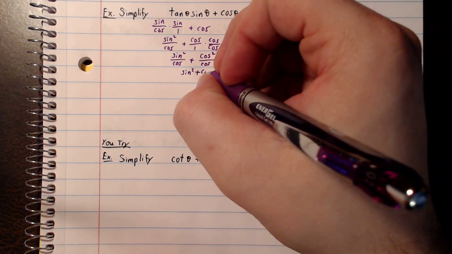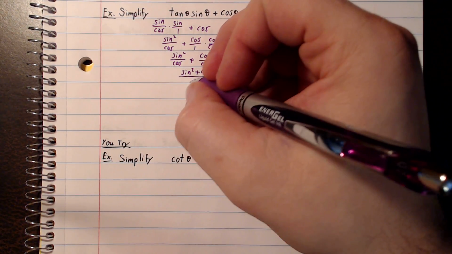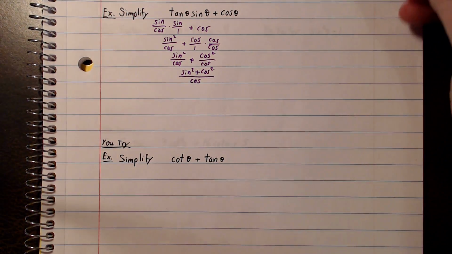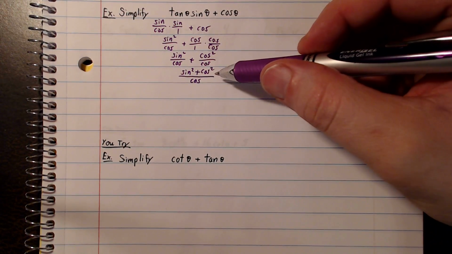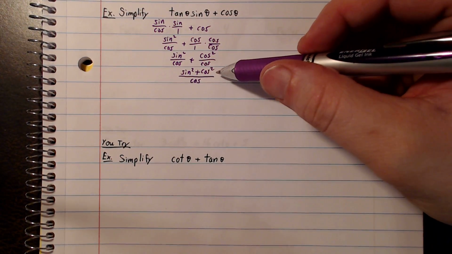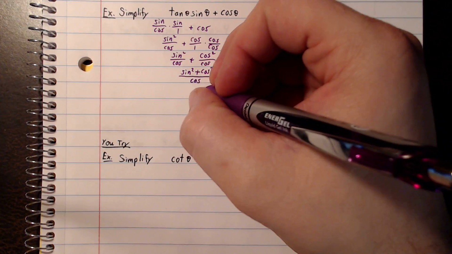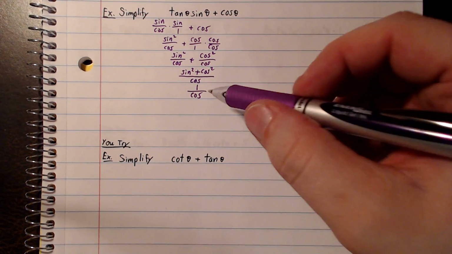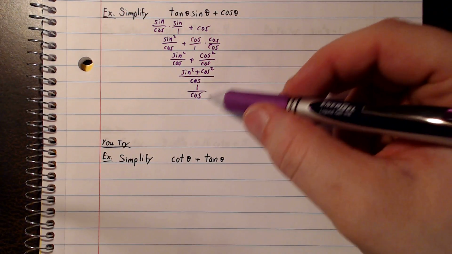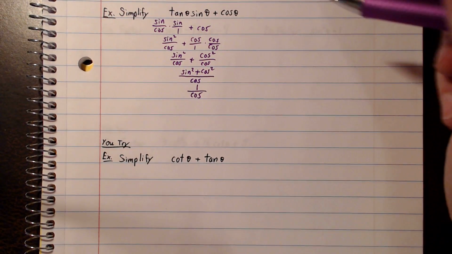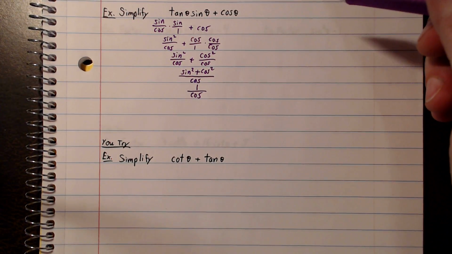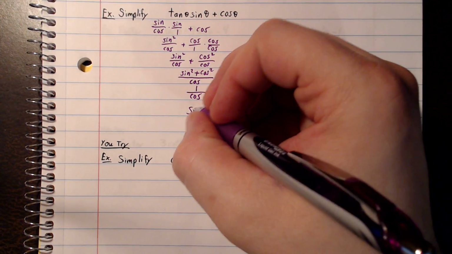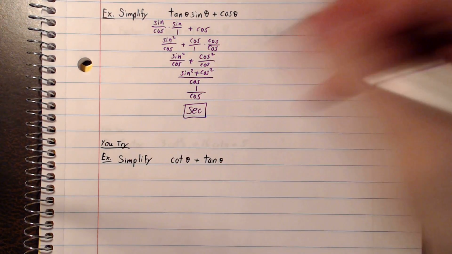Sine squared plus cosine squared all over cosine. That should go off my head as the Pythagorean identity as equal to 1. And we're still over cosine. This is a reciprocal, right? It's literally the reciprocal of cosine. Which function is the reciprocal of cosine? Secant.